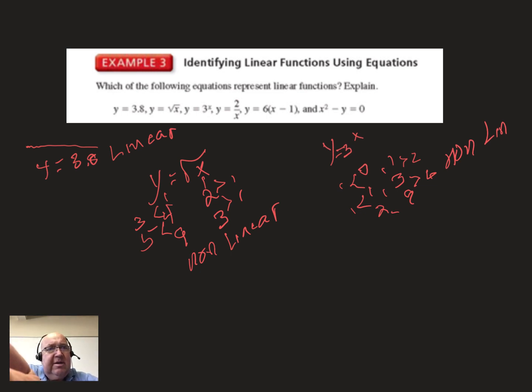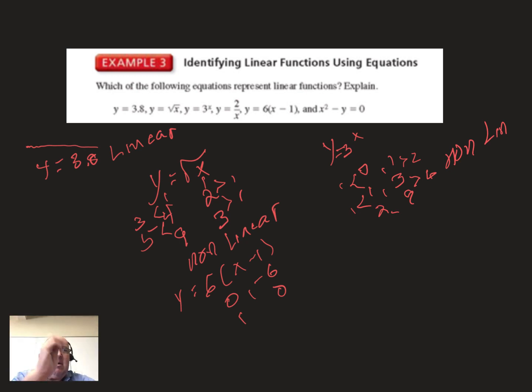All right, let's look at this next one. We have y is equal to 6 times x minus 1. Again, let's put 0 in for x. 6 times negative 1 is going to be negative 6. Let's put 1 in for x. 6 times 0 is going to be 0.